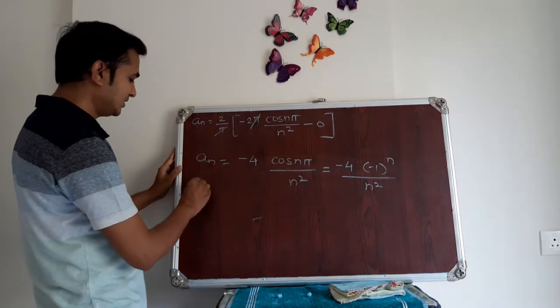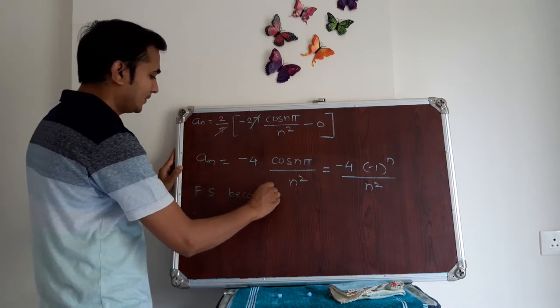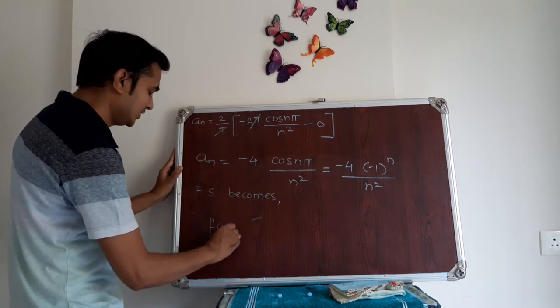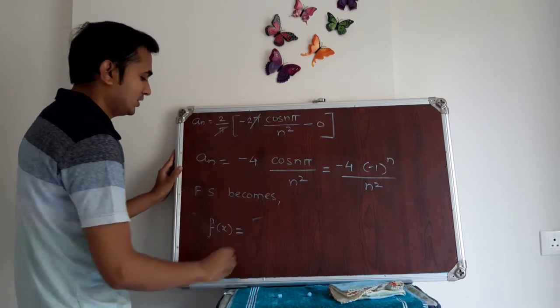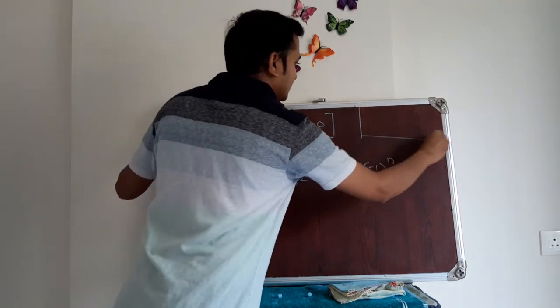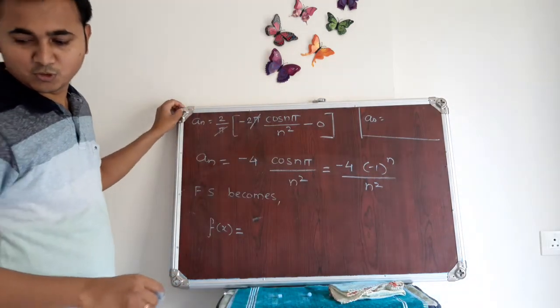So Fourier series becomes f of x is equal to a naught by 2. What was our a naught? A naught was 4 pi square by 3.